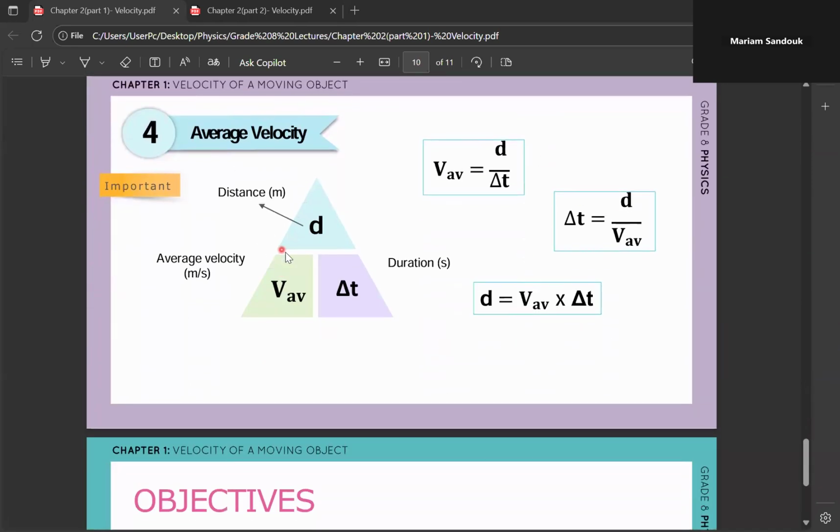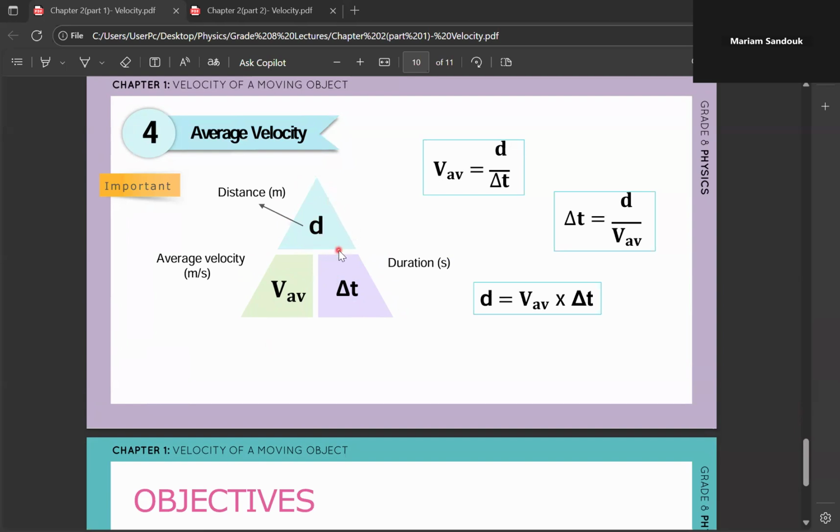Okay, this is again the rule of the average speed. We have this pyramid. You can easily extract rules from this pyramid. We have here D, V average, and delta T. If I want to determine the rule of V average, it's distance over delta T. If I want to determine the rule of delta T, which is the duration, it's D over V average.